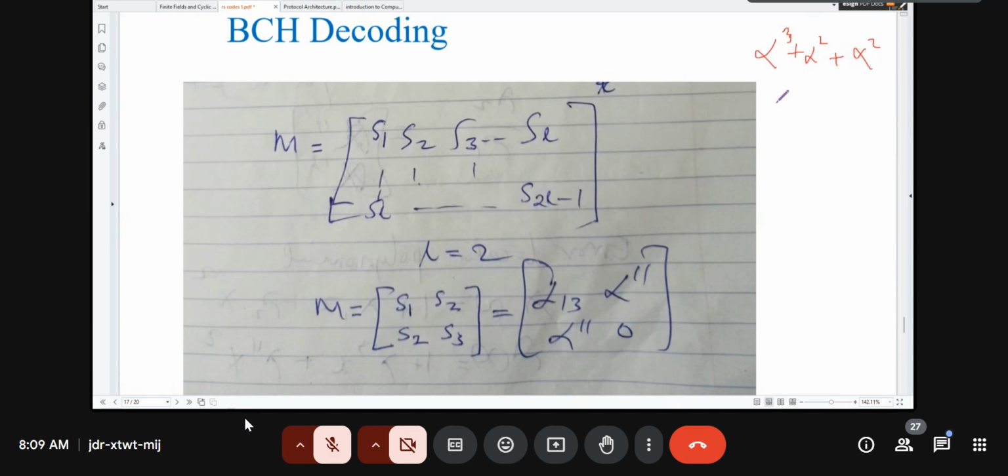So I remained with this star and this star, and that is equivalent to alpha 27 from that table. So, is it okay?